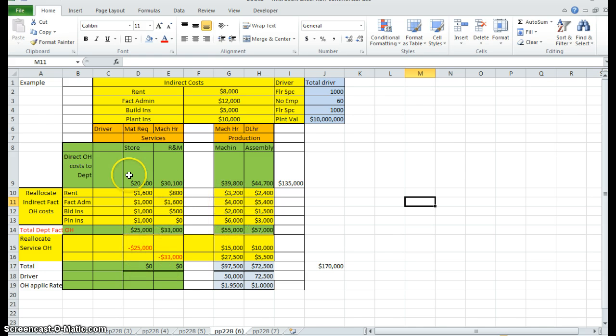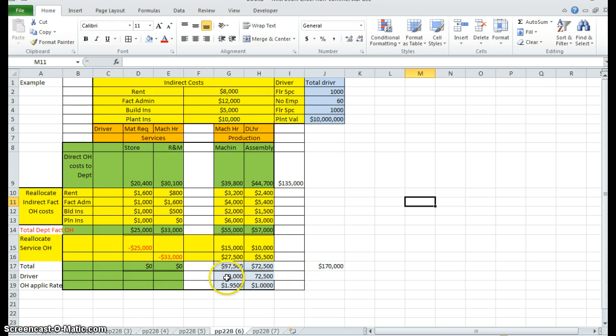So in other words, you have now got rid of all the overheads from the service departments into these 2 production departments. All of these add up to 97,500 in the case of machining, and 72,500 in the case of assembly. If you add them up here, that's 170,000, which is 135,000 the direct overhead, plus 35,000 the indirect overhead.